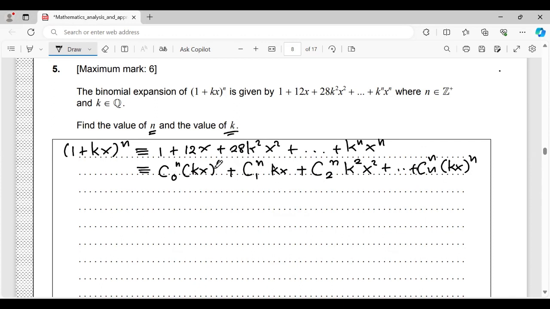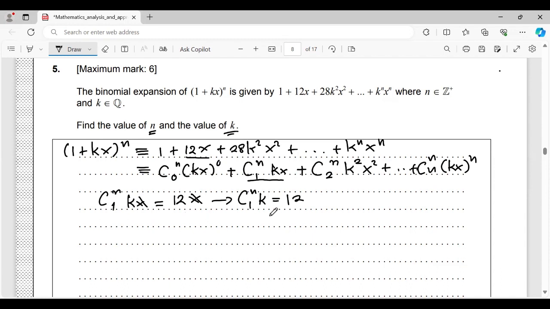So if you look at this information, we can state that combination 1 n of kx equals 12x. Eliminate x by dividing, so combination 1 n k equals 12.